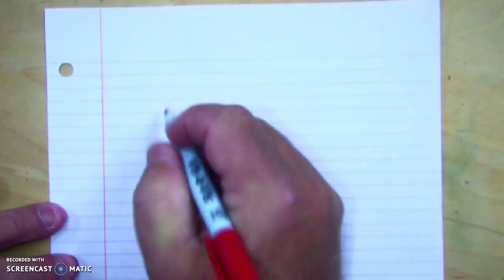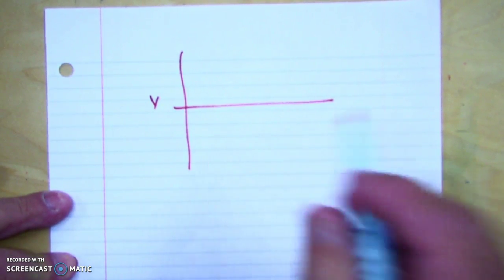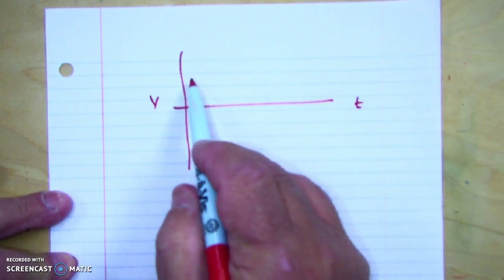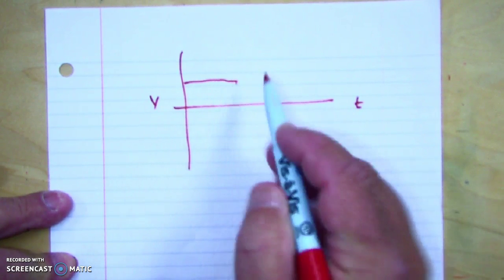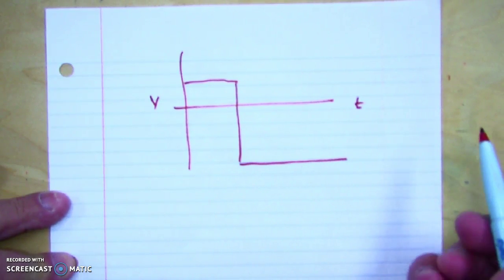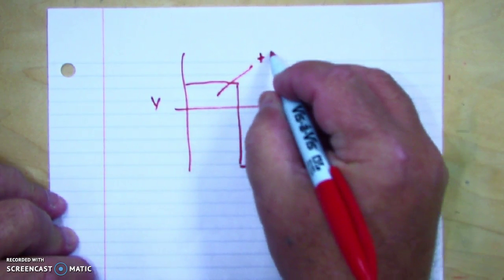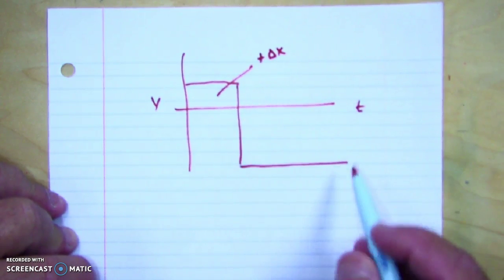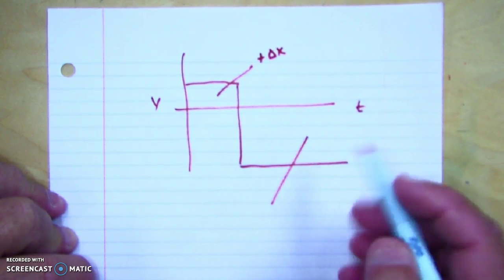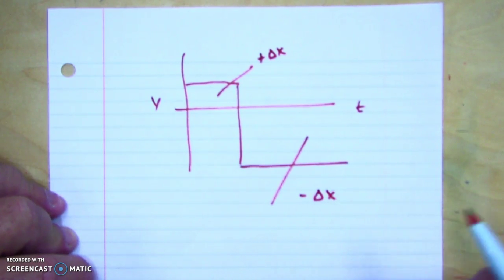Now, make sure you understand that I can have something that looks like this. I can have a velocity time graph where I can have this. Now, if I have something like this, this would be a positive delta x, but this area over here would be a negative delta x.